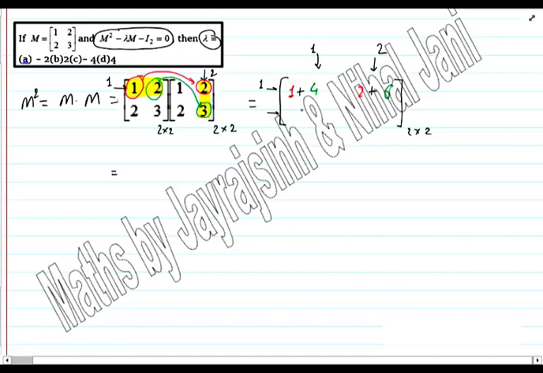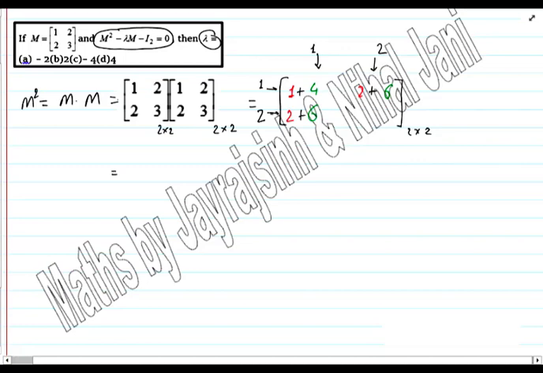Okay, now we have to move to the next element, which is in the second row and first column. So now we are going to select the second row and the first column. Let's multiply 2 with 1, giving us 2, plus 3 into 2 will give us 6, right?